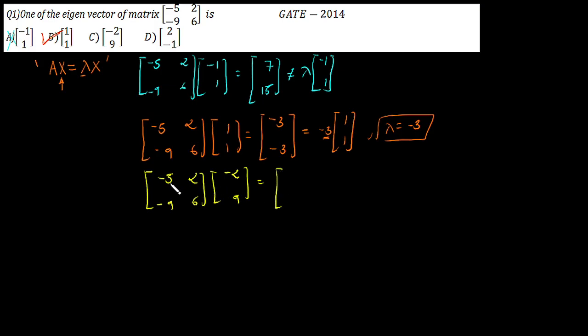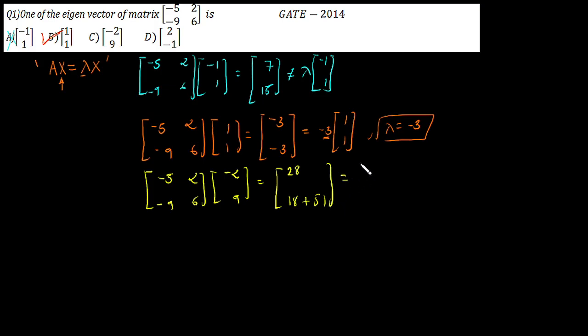So now let's do the multiplication. So here 20 plus 18, so 38. Sorry, here on top we have 5 multiplied with minus, so sorry, we are getting 10, 10 plus 18, so 28. Now here 18 plus 6 multiplied with 9, 51.